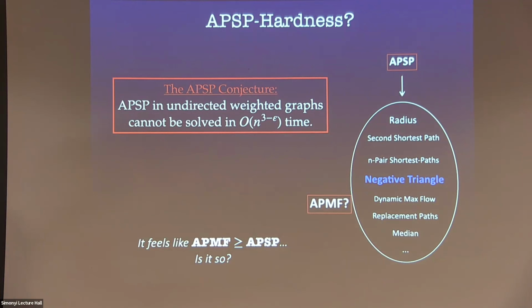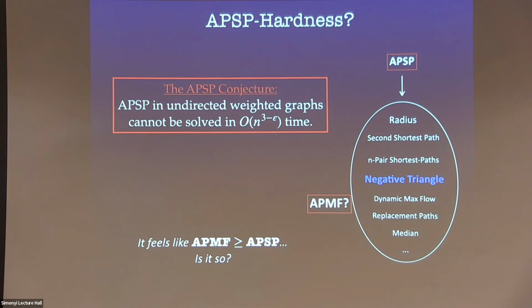But notably, all pairs max flow is not in this list, and it was very natural for us to try to put it in the list. It's notable that this conjecture is equivalent to the version for directed graphs too, which also seems to indicate that this is different from all pairs max flow.